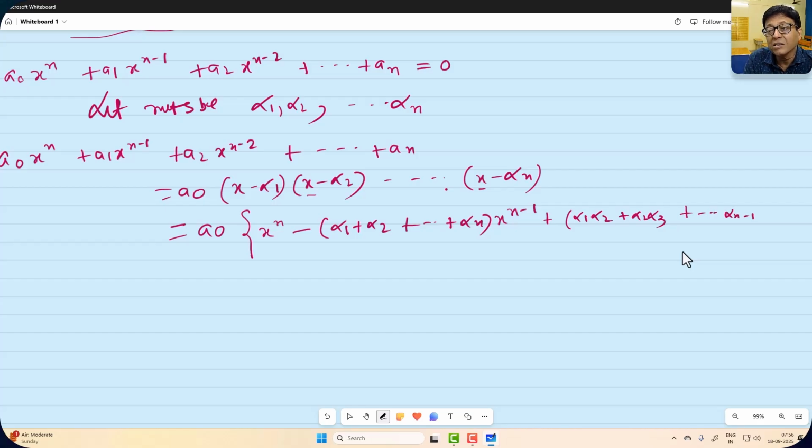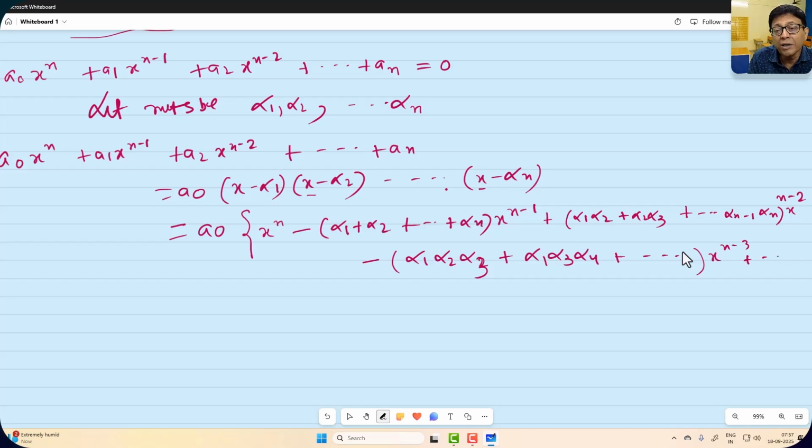All the combinations taking 2 at a time will be there, and the coefficient is going to be x to the power n minus 2. Similarly, if we take alpha 1, alpha 2, alpha 3 terms like this, then we get the product of the roots taken 3 at a time, alpha 1 alpha 2 alpha 3 plus alpha 1 alpha 3 alpha 4, and it continues in this manner, with x to the power n minus 3.